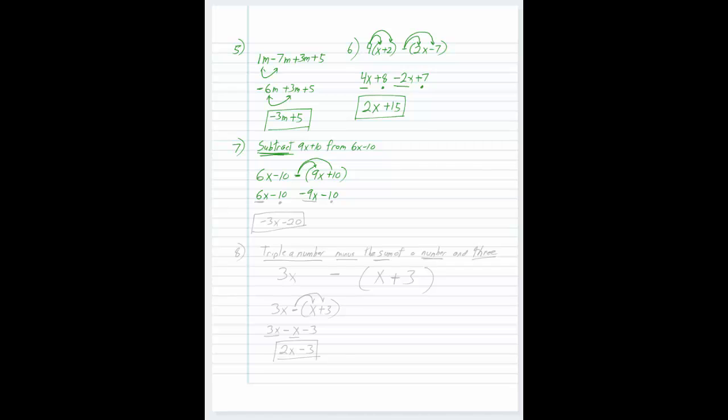Now we may subtract 6x and 9x. 6 minus 9 is negative 3x. And also we may do negative 10 and minus 10, which gives us negative 20. And that is our answer, negative 3x minus 20.